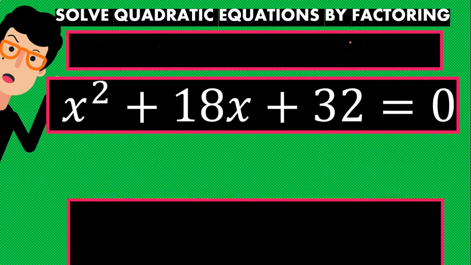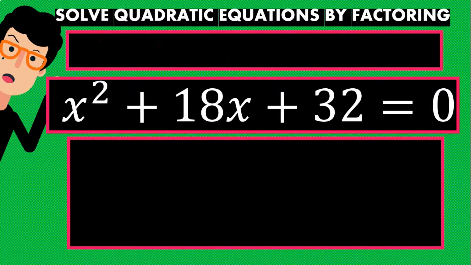Maybe we can learn that in an easier way by looking at the problem. So in this case, we have x squared plus 18x plus 32 is equal to 0, right? So the first thing we're going to do is try to make two parentheses out of that.